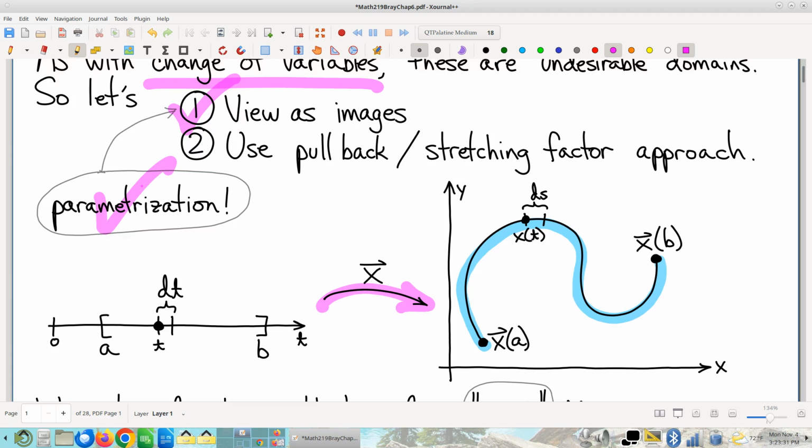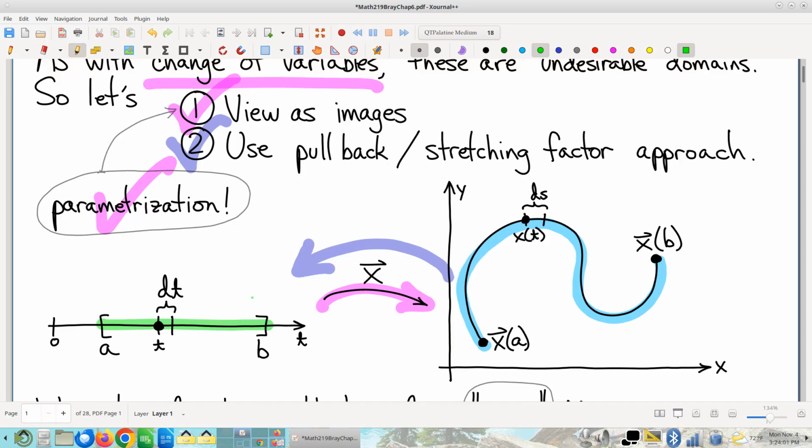And so what we have to figure out now is just how to do the pullback, right? How do I take an integral on this domain that I don't know what to do with, and turn it into an integral on, let's say, the t-axis, which I do know how to do. This is just single variable calculus over here. Okay. So, super lucky, parameterization, something we already had in our toolbox.